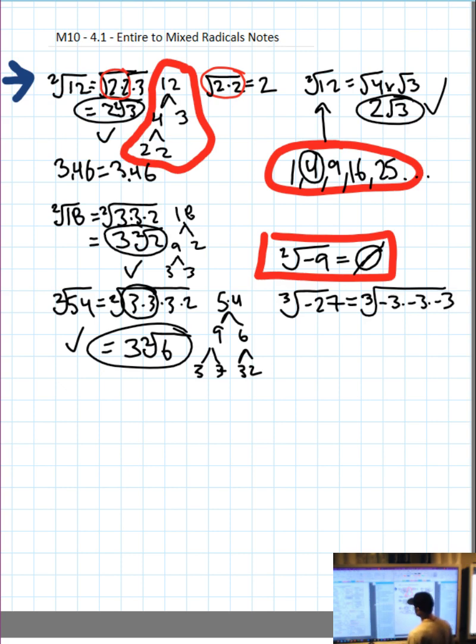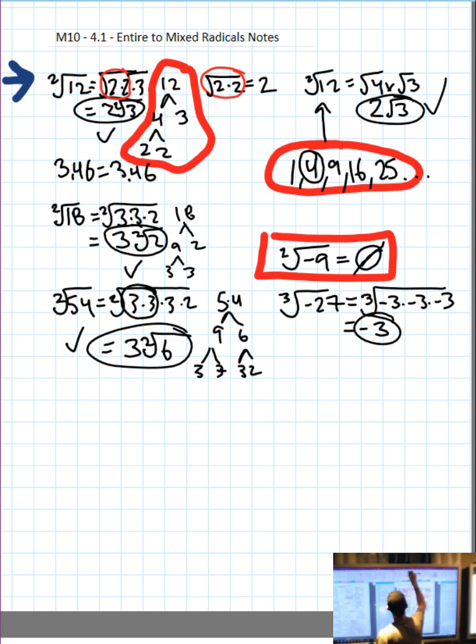Do a prime factorization tree on 27 if you like, 3 times 3 times 3, with 3 negatives, or just 1 negative. Either way, we've found 3 identical numbers. So the answer is negative 3. Type it in your calculator. You may have a shift cube root button, or you may have to go through some complicated list of buttons, like mode, math, or cube.